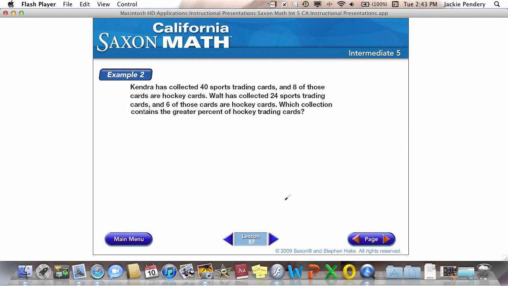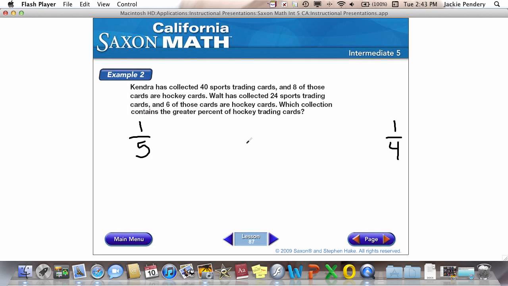Okay, so I have 1/5 for Kendra, and I have 1/4 for Walt. Okay, and we already know because we compared the fractions that Walt has a higher percentage, but let's actually look at the percentage itself.